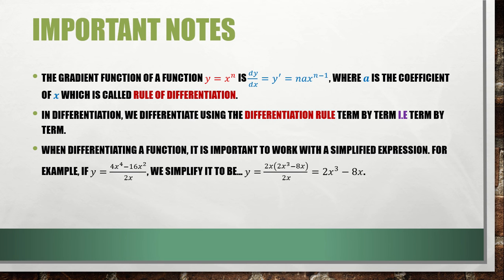For example, you may be given a situation like this. Y equals, in the numerator you have 4x power 4 minus 16x squared over 2x. We simplify this first before we start differentiating. We simplify it out, notice that we can derive the same equation as 2x cubed minus 8x, and that simplifies our problem very far. And I believe that comes to our derivative.